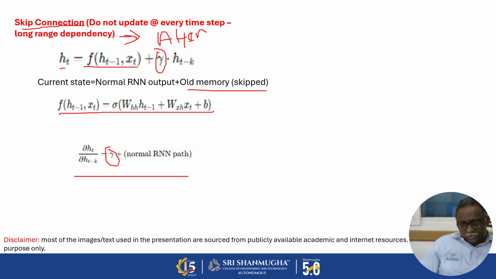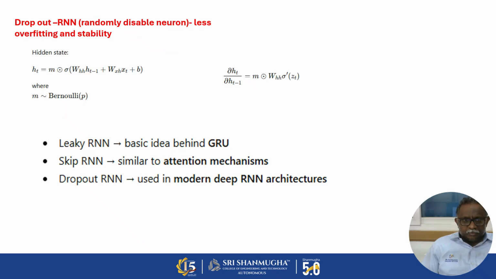In the earlier leaky unit, the alpha takes care of the past history. Here it doesn't consider all the time steps, it considers only a few time steps. That takes care of the long range dependencies, and it differentiates the important and unimportant information.